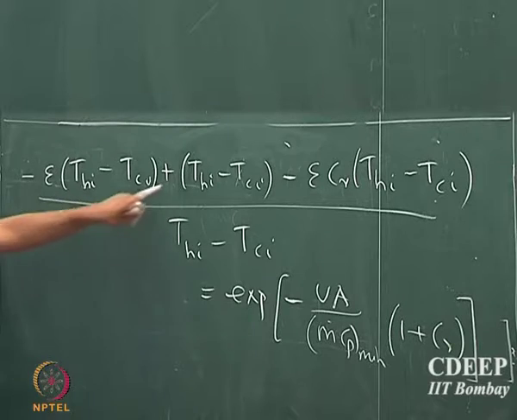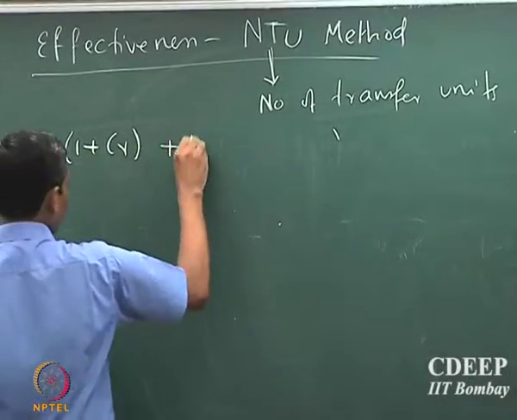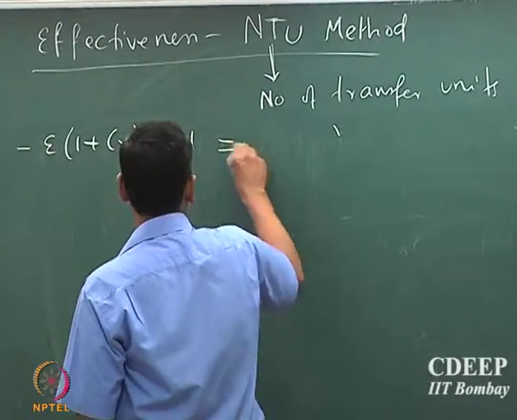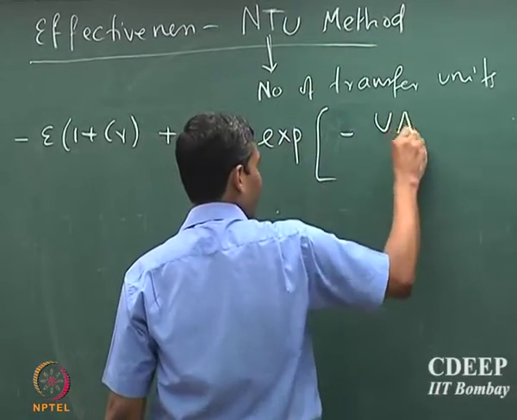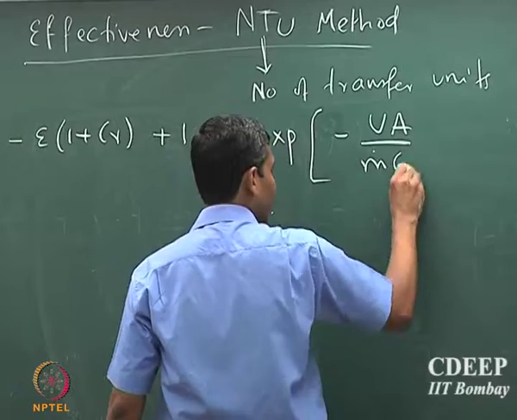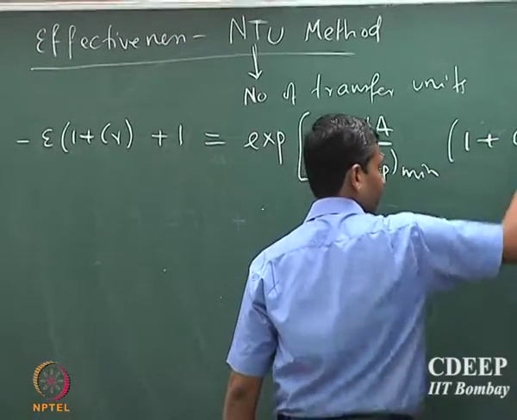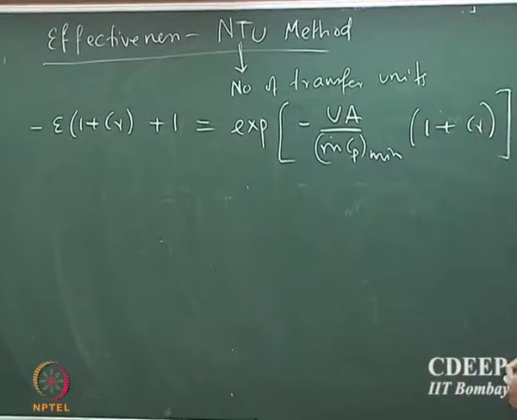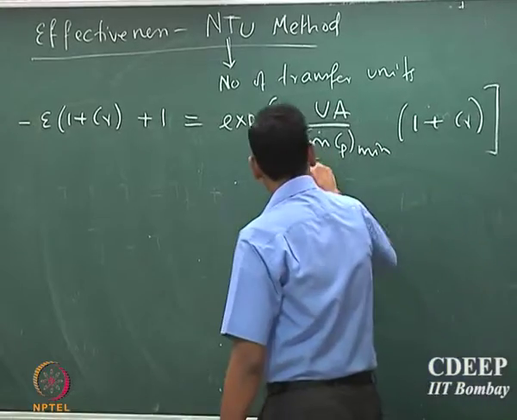So now I can cancel out Thi minus Tci from here, and so what I get is minus epsilon into 1 plus Cr plus 1, that should be equal to exponential of minus UA by m dot Cp min into 1 plus Cr. Okay.